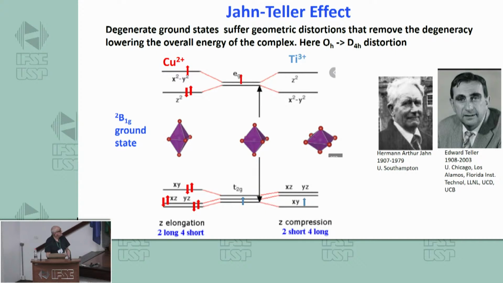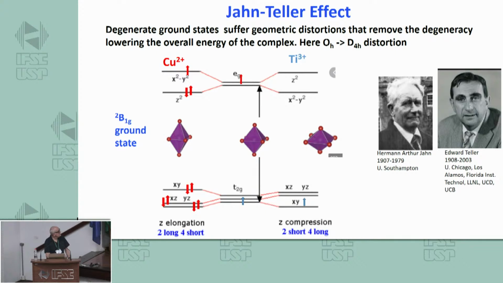Consider titanium 3+ first. In titanium 3+, we would have one unpaired electron, and it would naturally, in an octahedral environment, occupy one of these three lowest energy orbitals. What Jahn-Teller realized is that this system can decrease its energy if it distorts. For instance, tetragonally, if you compress along Z, then we have 2 short bonds and 4 long bonds.